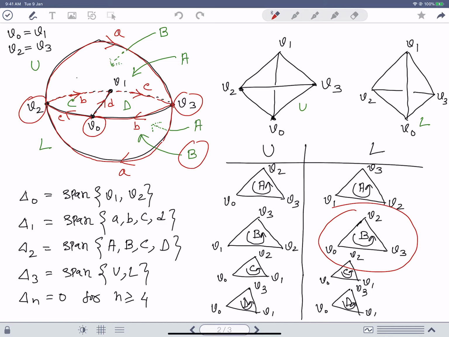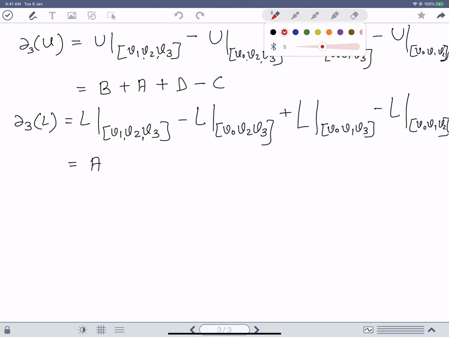So we need V0, V2, V3 in this direction, right? But from the given condition we have B means V0, V3, V2. So therefore we have here minus B. So we have minus of minus B, so plus B.